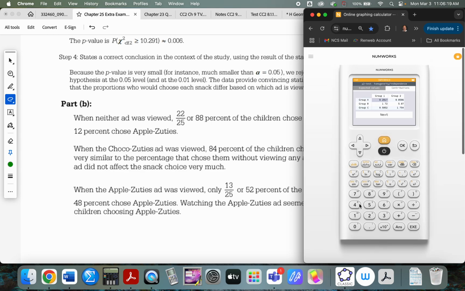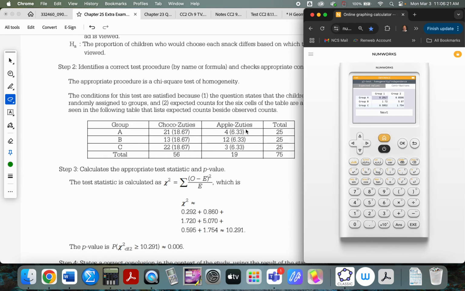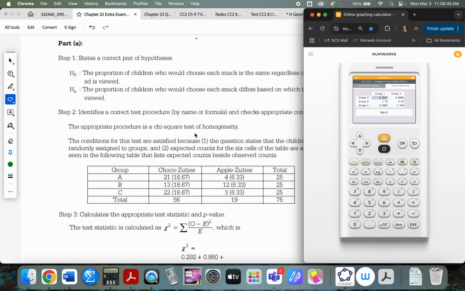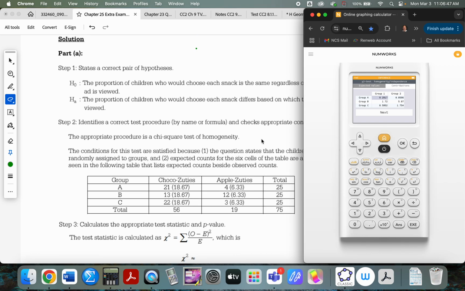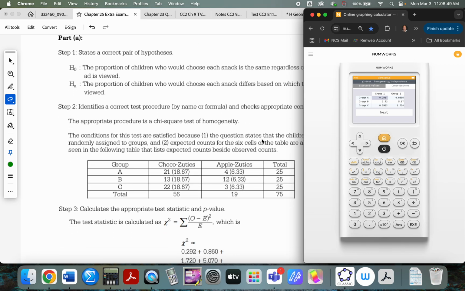I probably would have, on the chart, gone, okay, in Group A, which was the Choco Zooties, hang on a second. Expected counts are seen in the table.